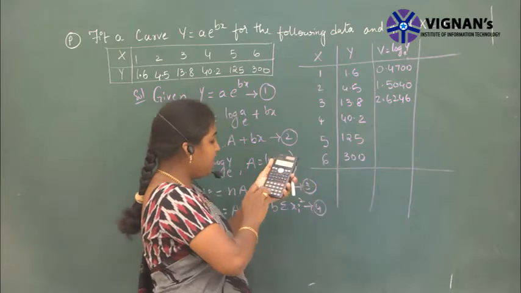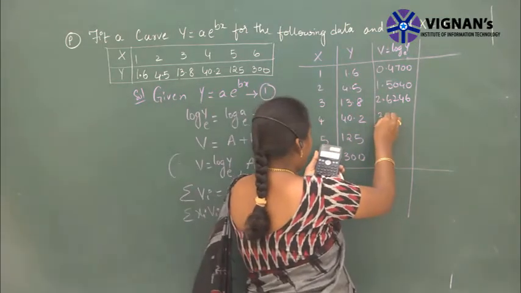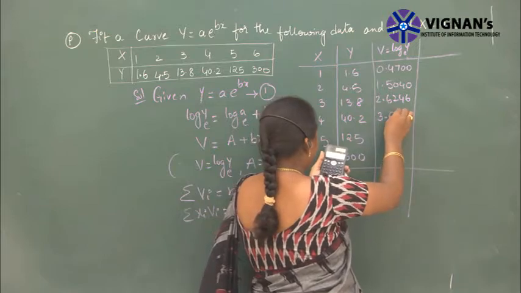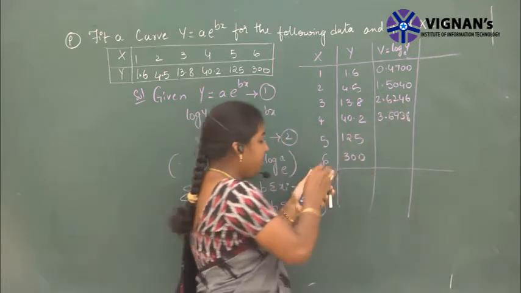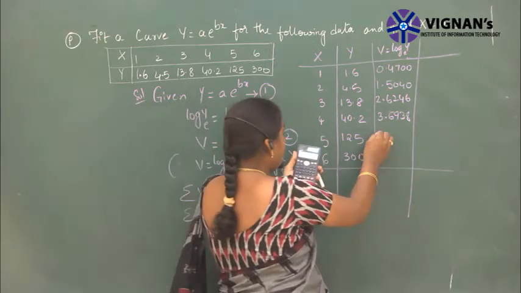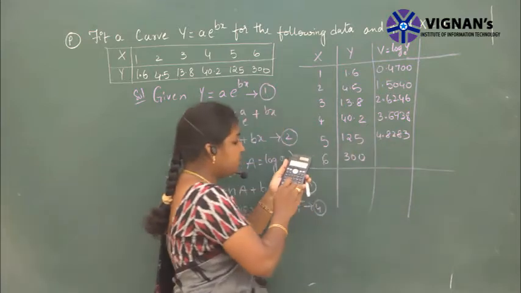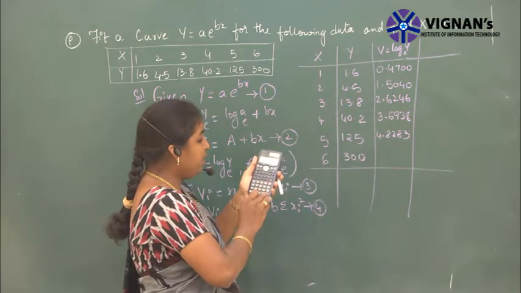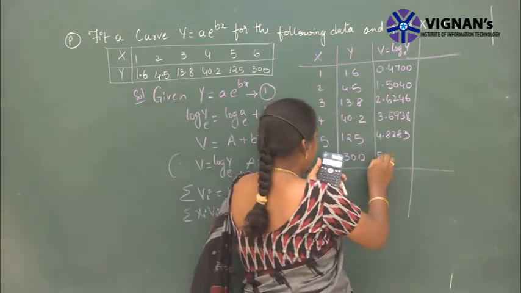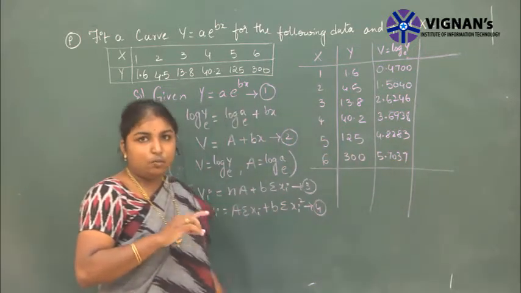Next, ln 40.2 is equal to 3.6938. Next, ln 125 is equal to 4.8283. Next, ln 300 is equal to 5.7037. So these are Vi.